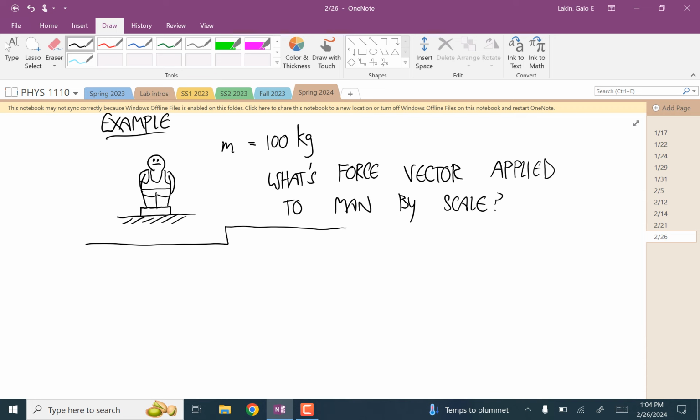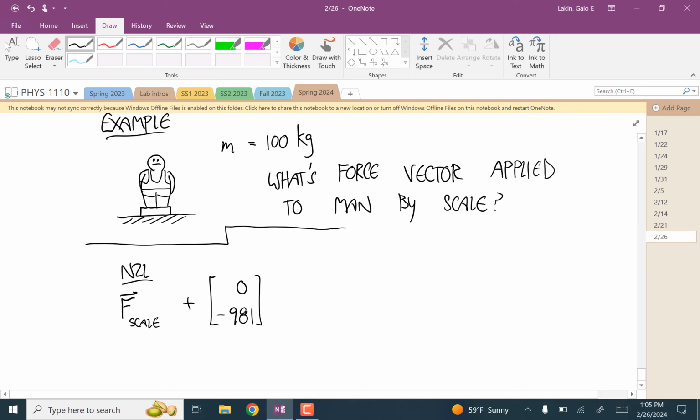Okay, so I'm going to write Newton's second law as, so we have a force vector applied by the scale. Then we have the weight force that's equal to 0 for x, negative 981 for y. That's the weight force.